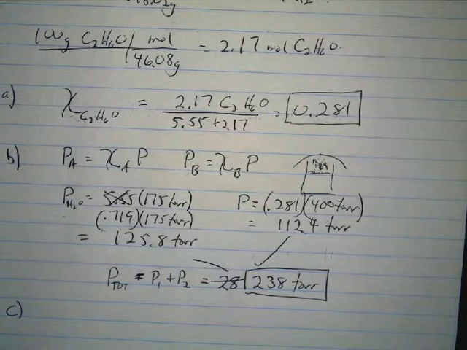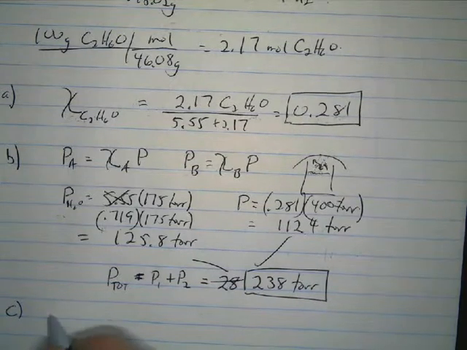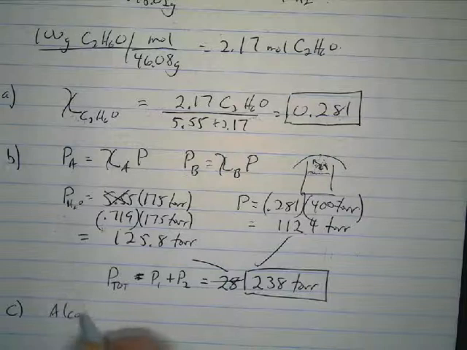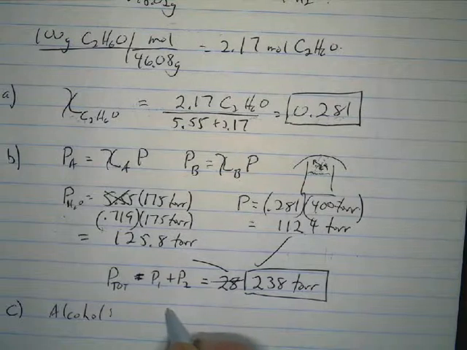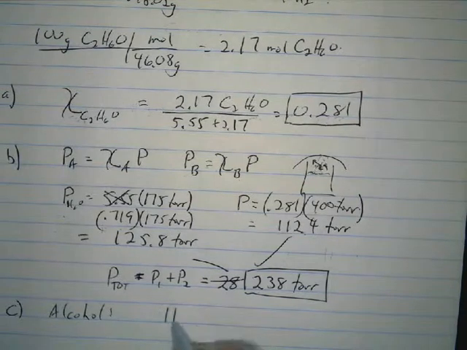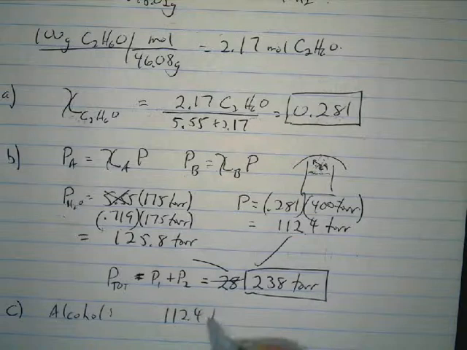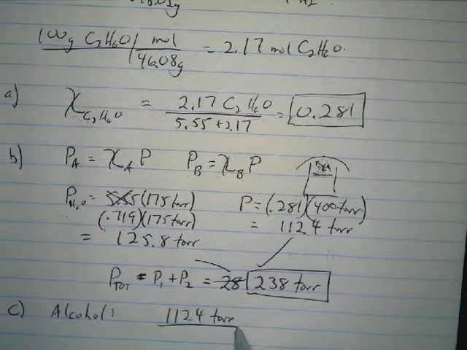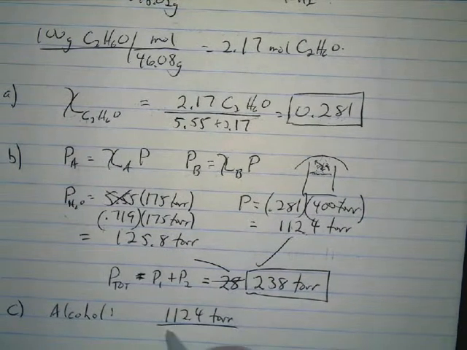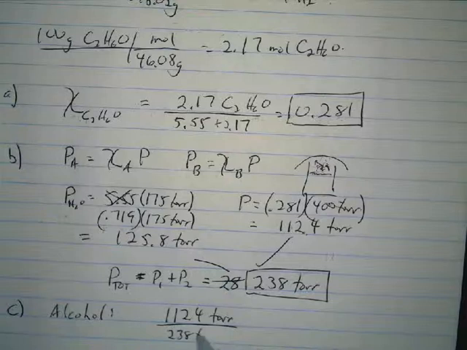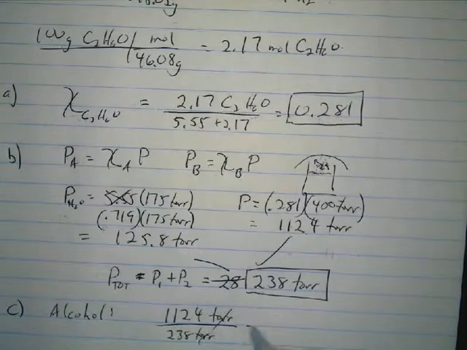We just have to figure out the fraction of the pressure that the alcohol has. So just for the alcohol, because this is what the question is asking us, the mole fraction of the alcohol is going to be the pressure that the alcohol produces, which is 112.4 torr, divided by the total pressure of the whole system, which we just said was 238 torr.